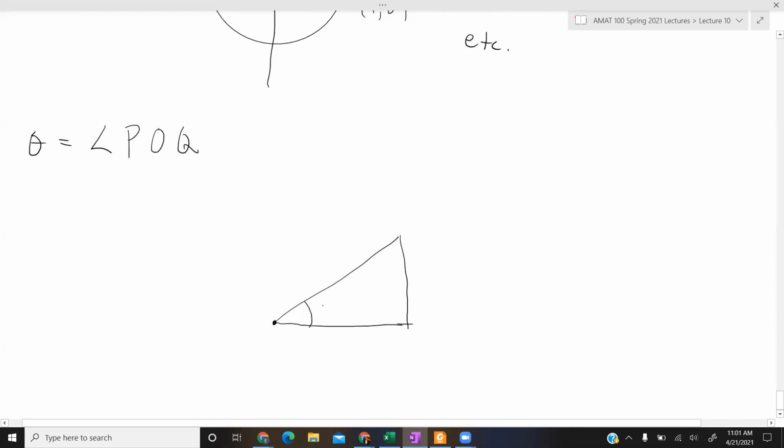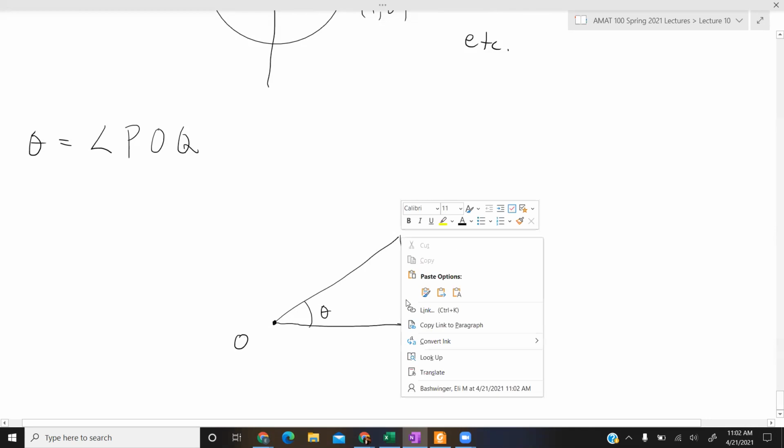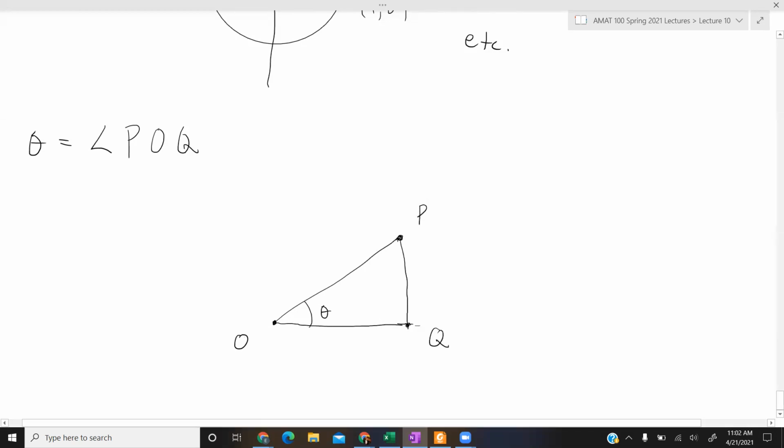So maybe this is theta, this is O, this is Q, and this is P. So this is the angle POQ, and the idea is to put it in standard form, that is, to draw an X and Y plane around it. So this is really the triangle, but we can extend these lines. Let me delineate this carefully. We'll extend this here and this here to get an X, Y coordinate system.